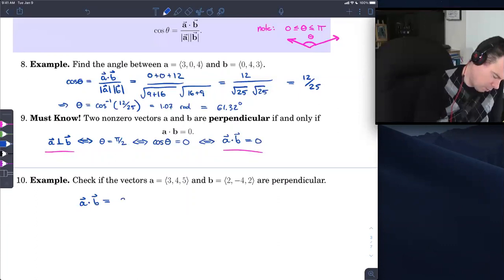So we're going to compute the dot product, so that'll be 3 times 2 plus 4 times -4 plus 5 times 2. So that's 6 minus 16 plus 10, which is 0.